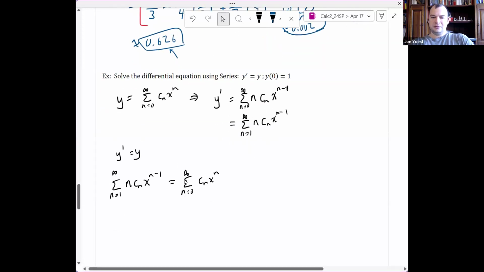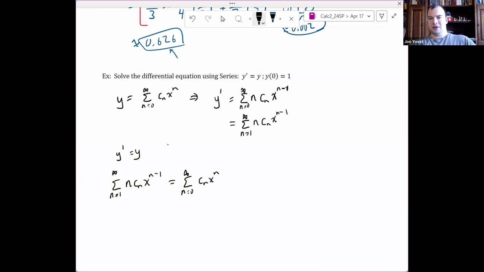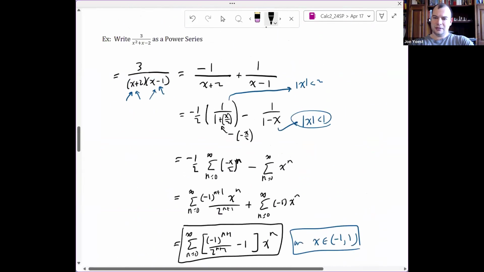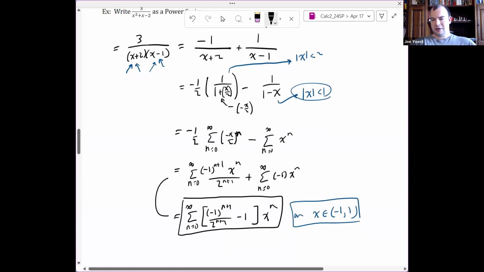If I put these on two sides of the equal sign, I see that my summation indices and my powers of x don't quite line up nicely. So I'm going to prefer to put them on the same side. What this will let me do is work with my summation indices and my powers of x and try to get everything to where I can, in a sense, factor out the summation symbol and factor out the x to the n, similar to how we did up here.